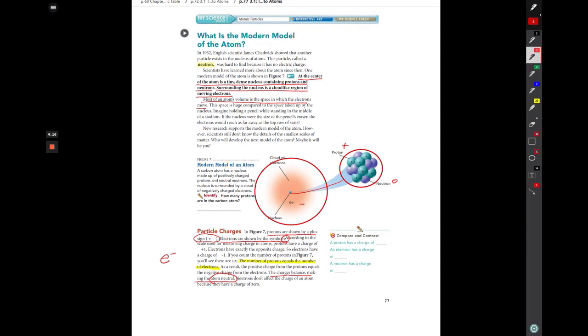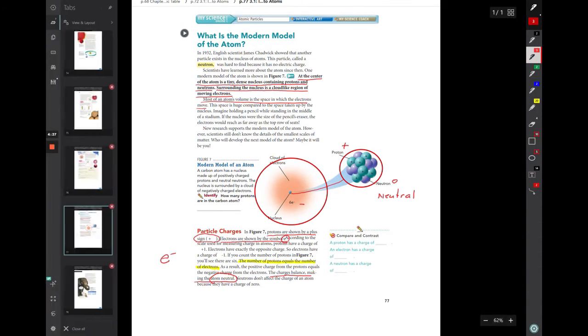So protons are positive, electrons are negative, and neutrons have no charge, or we say that they are neutral. Protons positive, electrons negative, neutrons neutral.